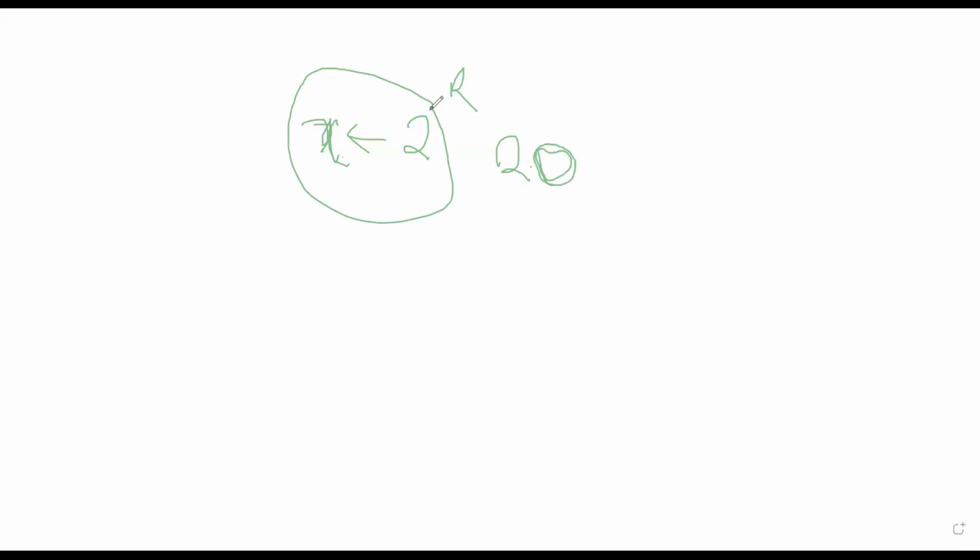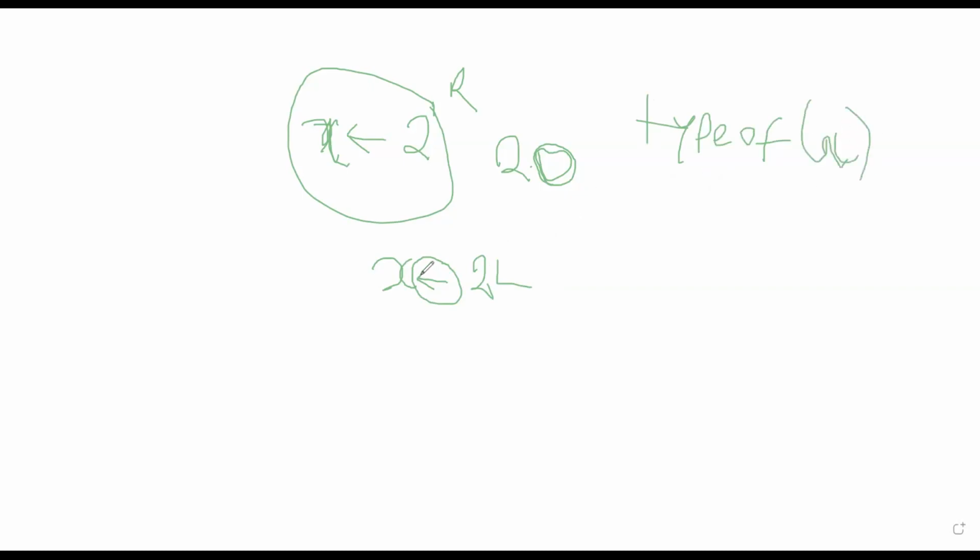To override this and make it an integer, you put X, the assignment operator, and 2L.